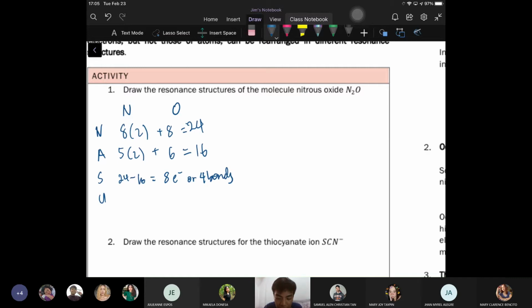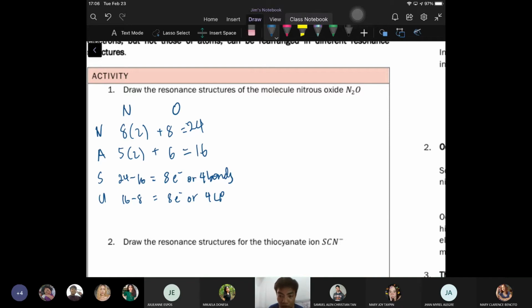So unshared, that will be 16 minus 8. Ilan yan? 8 na, or 4 lone pairs. So ito yung info natin from the NASU rule. We can use all these numbers in order to determine what will be the structure for nitrous oxide.